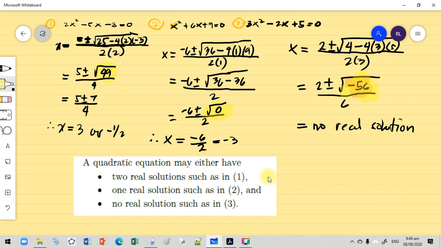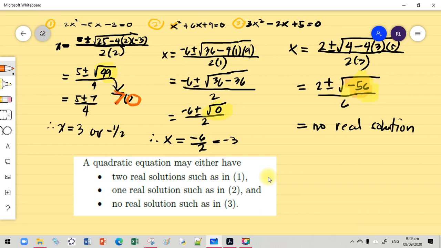So what this basically tells us is that if this is greater than 0, if the number inside the square root sign is greater than 0 or positive, meaning we can get the square root of that, then we'll have two real solutions.